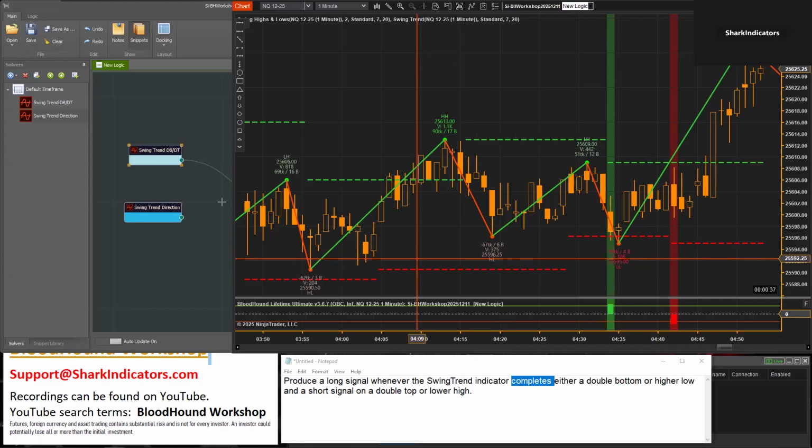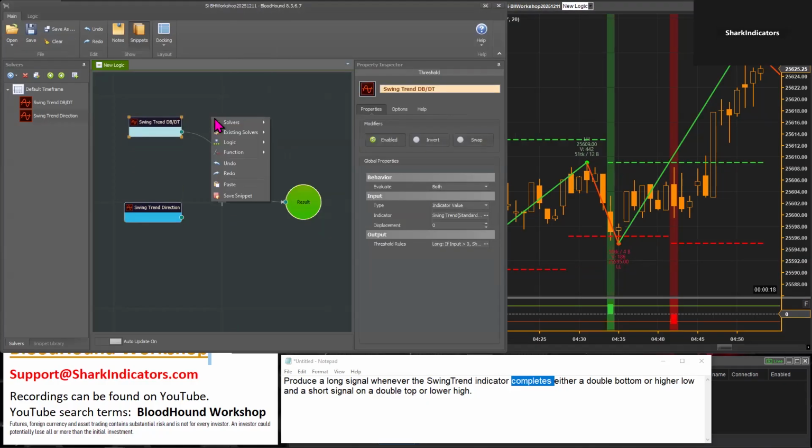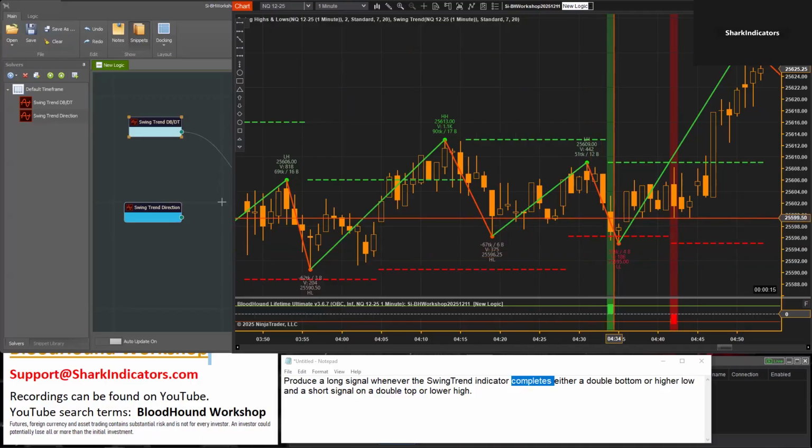Well, there actually may not be a way to do that. Oh, okay. No, we're going to get a little more sophisticated here. So, a double bottom here did occur. So we're going to start tracking this. But then if we get a lower low, we're going to disable or turn off the double bottom here.